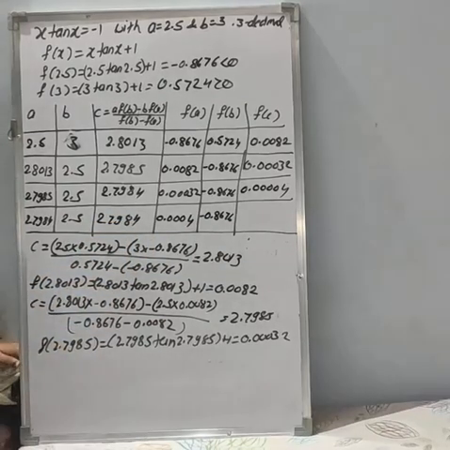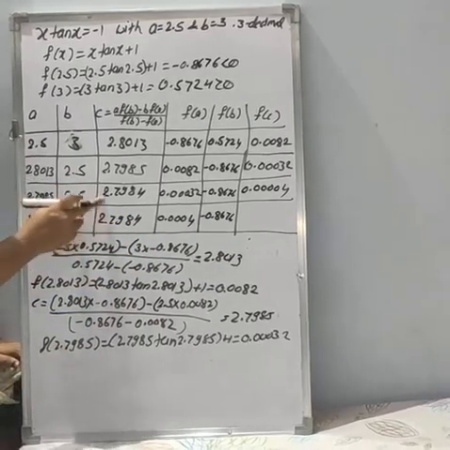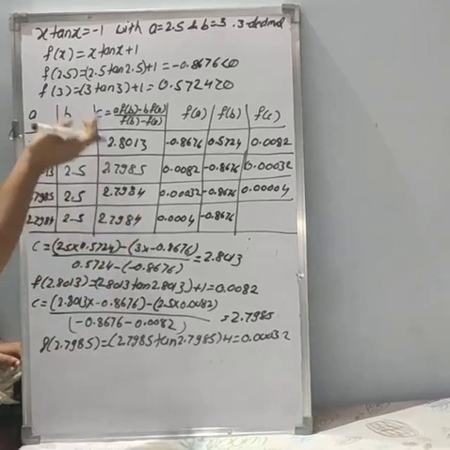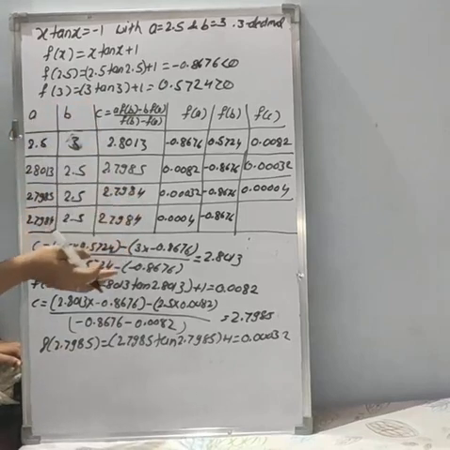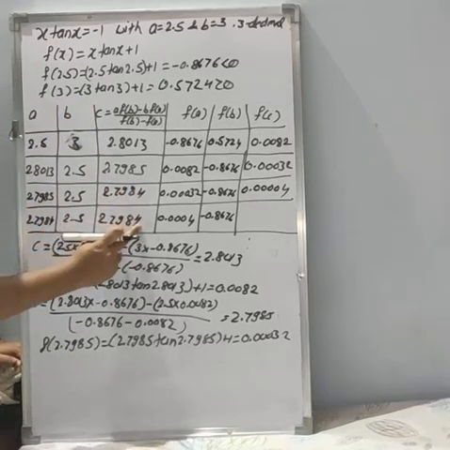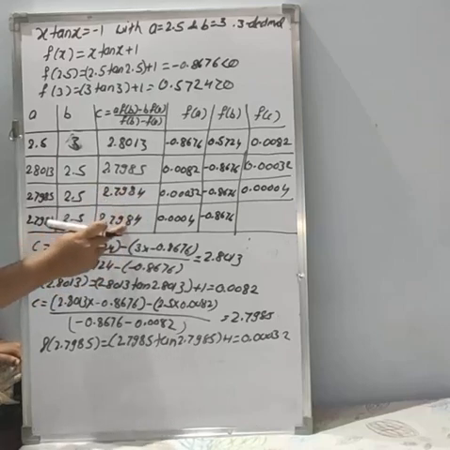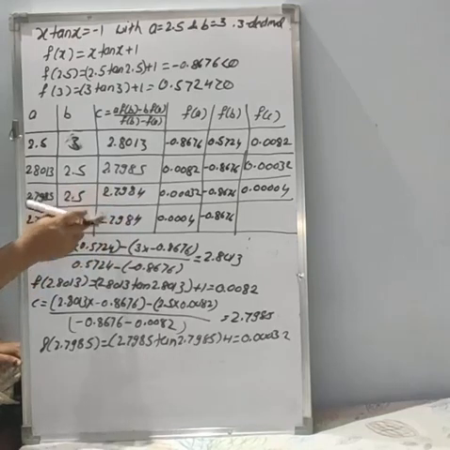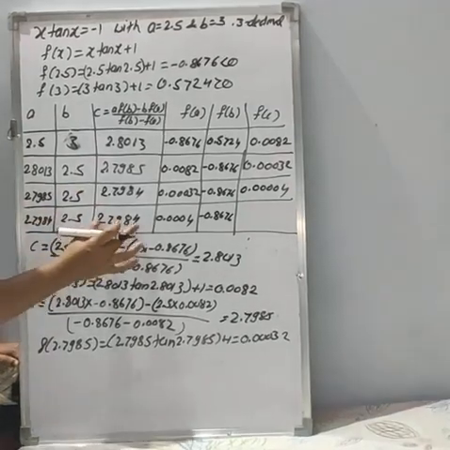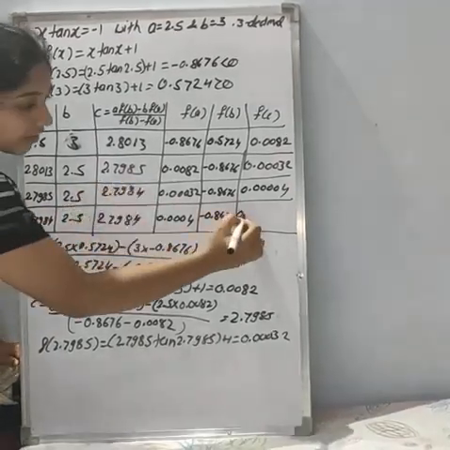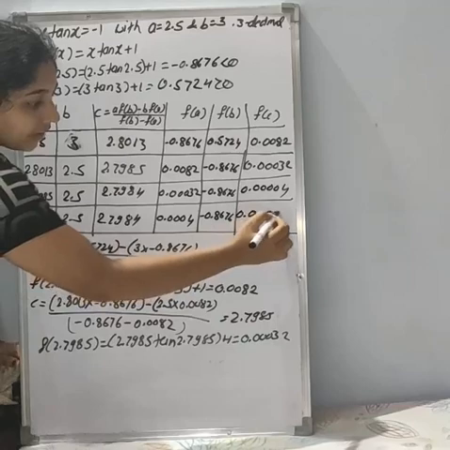Now if you check these two roots, they are equal up to 4 decimal places, but they said up to 3 decimal places. Here we have 4, here also 4. If you take the round figure, here it remains 8 as it is, here also it remains 8. So these two are equal up to 3 decimal places, so we can stop here. Since these two values are equal, definitely this value will also be equal.